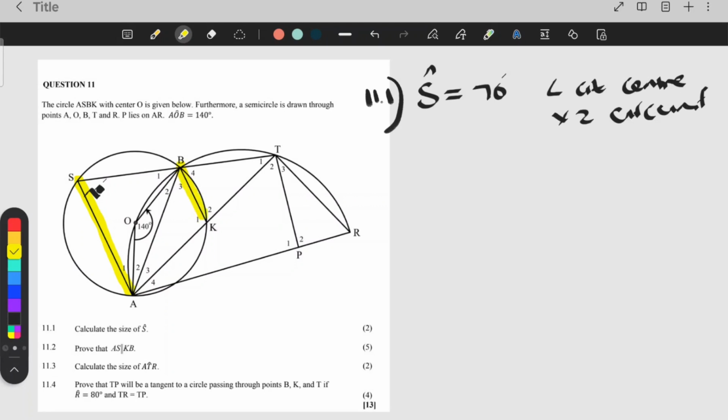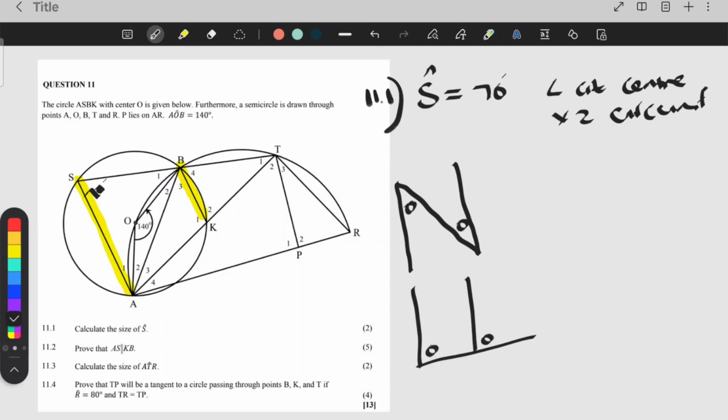Okay, so to prove that lines are parallel, if you have two lines like this, then either you prove this is equal to that, then you have alternating angles, or you prove that this is equal to that, then you have corresponding angles, or you prove that this plus this is 180, then you have co-interior angles. So we need to figure out, is there a way that we can prove that? So you see there's our two lines. I highlighted our two lines. And let's see if we can prove something.